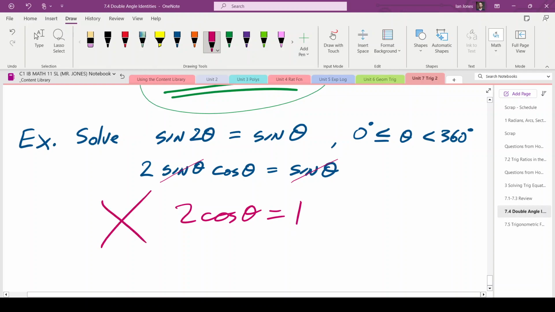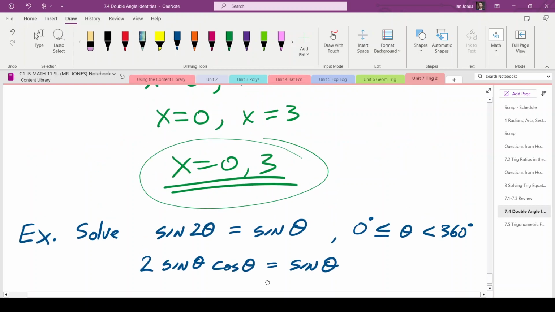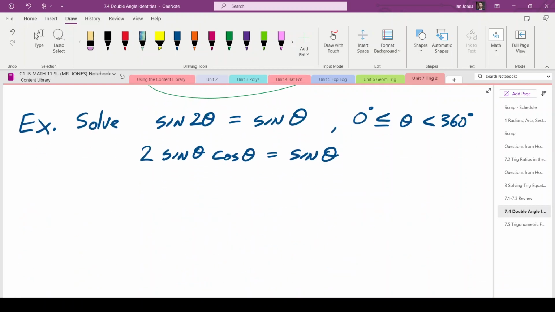You do not do that. Why? Because you lose solutions. You must solve equal to 0 and factor, just like in this previous example up here.